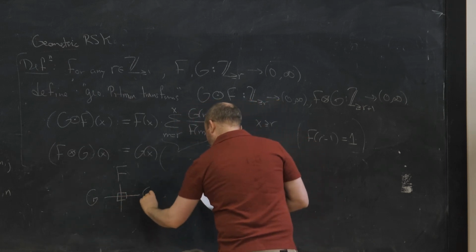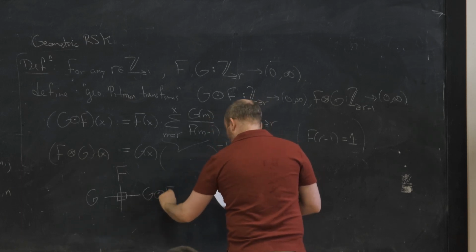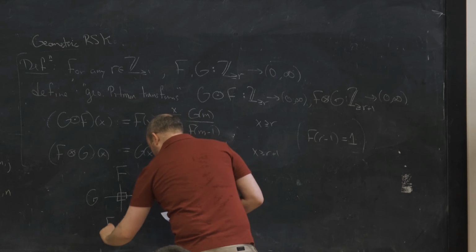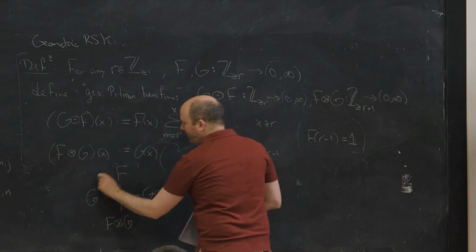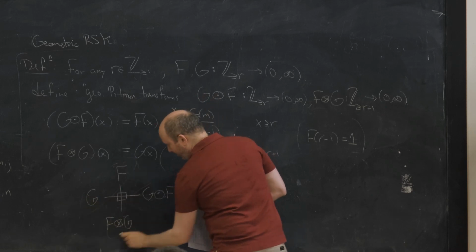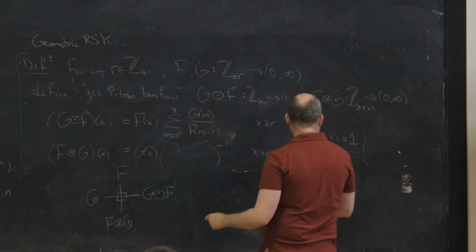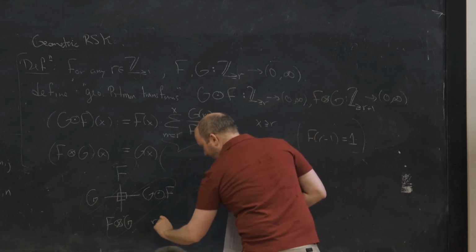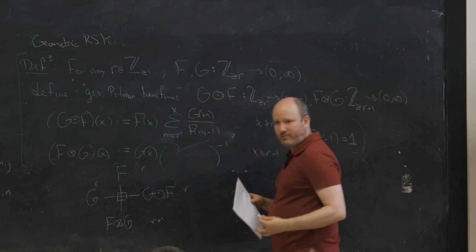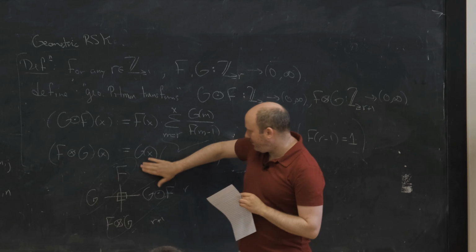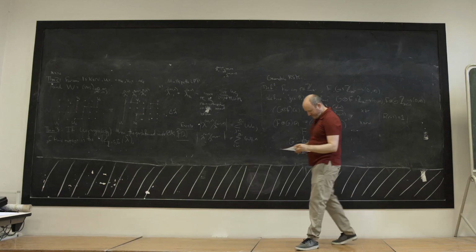On the right-hand side, the output is g dot f, and the bottom output is f cross g. So you should think of this as a map from input functions to output functions. The output functions, this one becomes a function from r plus 1, and all the other ones are functions starting at r. Okay? So this is the geometric Pitman transform.